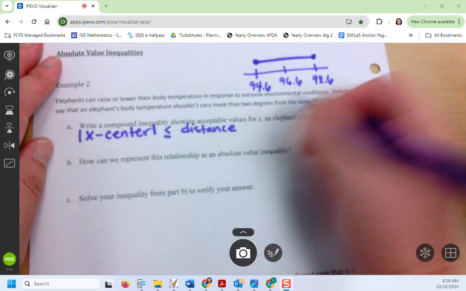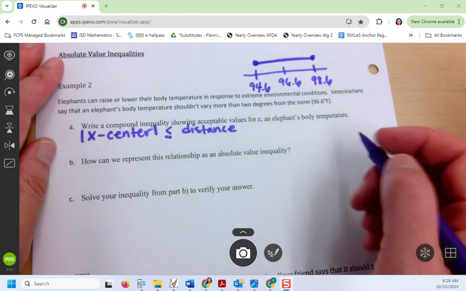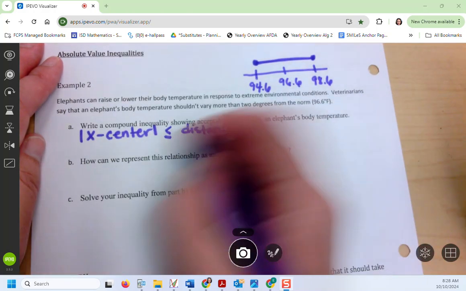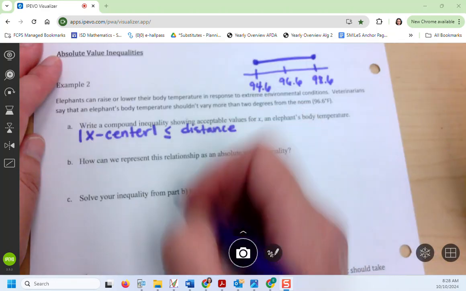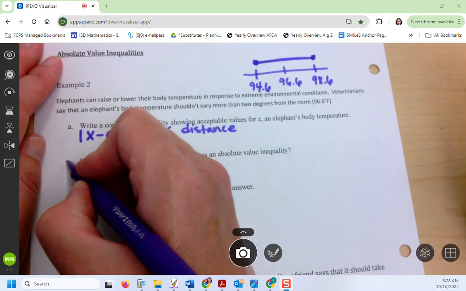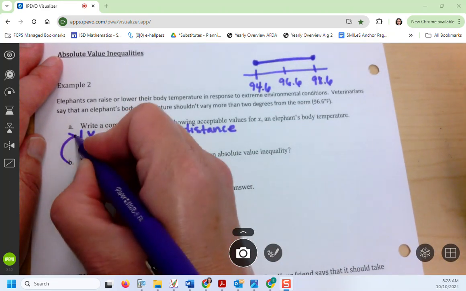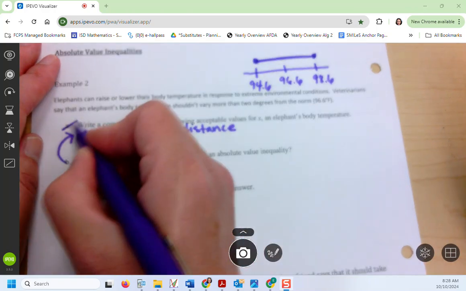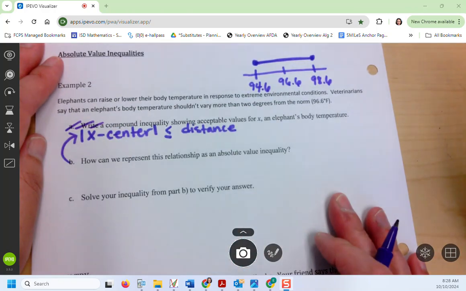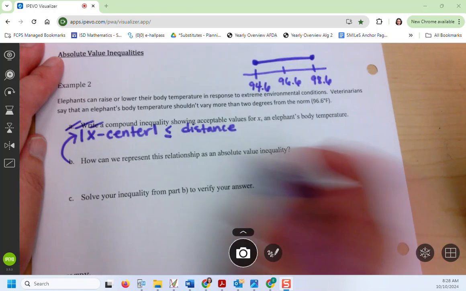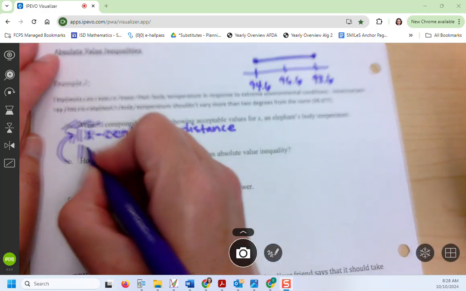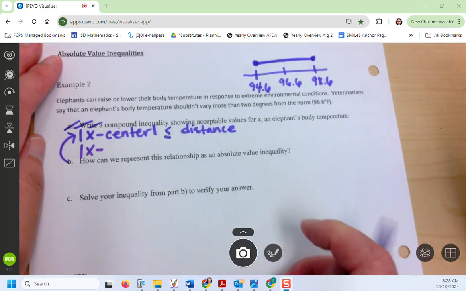Okay, so then when I'm writing the one that is specific, actually I'm not answering the question that they asked, I'm answering this question here. I'm actually not going to do A. Sorry about that. I'm just going to do it this way. So x minus the center. You can write under B, or you can just do an arrow like I did. X minus the center is less than or equal to the distance. And then I'm going to do x minus, what number's in the center?